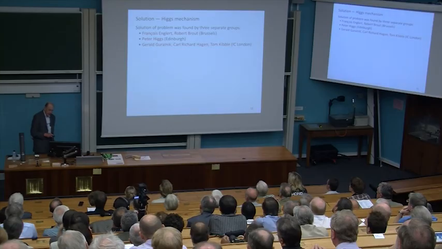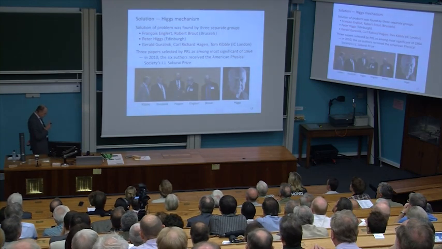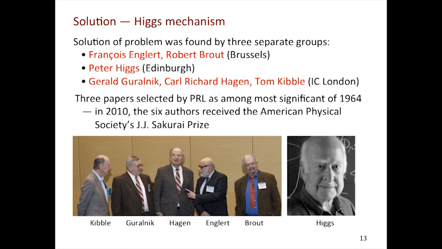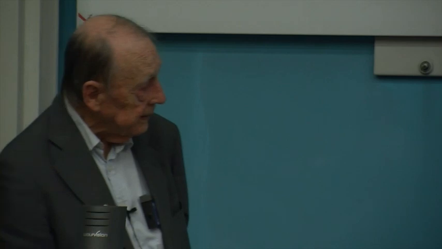All three of us published papers in Physical Review Letters, which is the physics journal, really. And Physical Review Letters selected these papers as among the most significant of 1964 when they did a sort of survey of these things. And in 2010, the 6 authors were awarded the American Physical Society's J.J. Sakurai Prize.